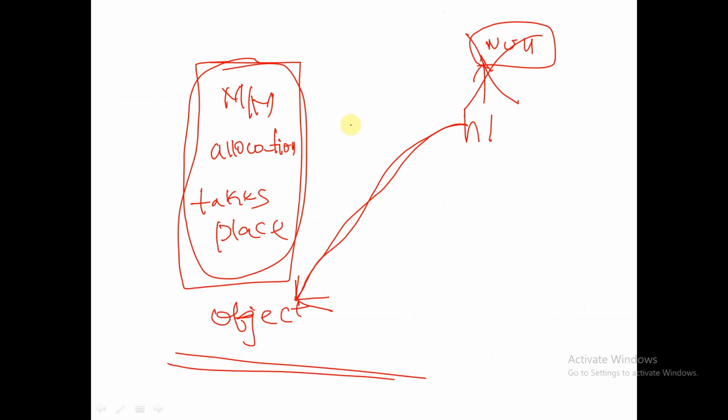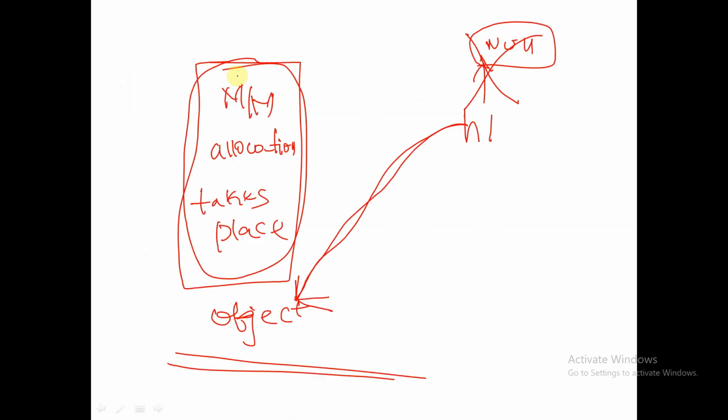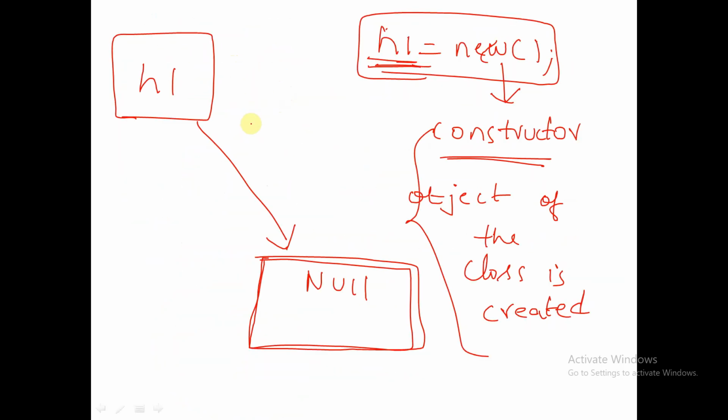For example, if we want to store the value 0 into this variable a, then we will write h1. With the help of the handle only, we can store the values into this class. We should take the help of the handle dot a. a is present inside the class ex, and the handle for ex is h1.